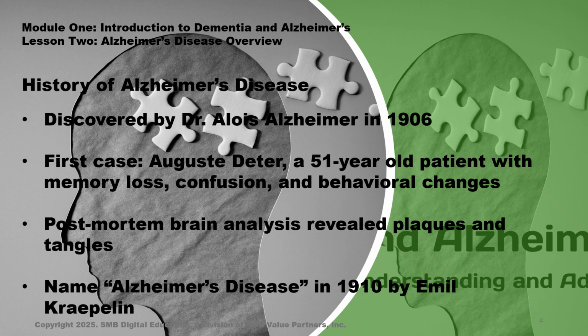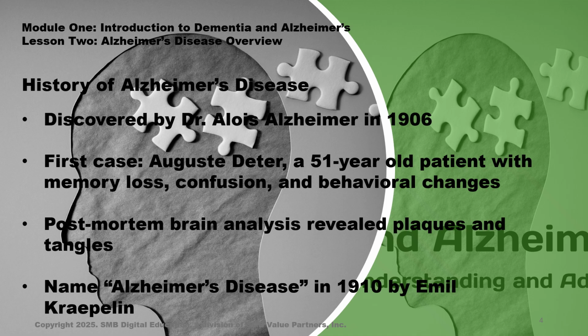After her death, Dr. Alzheimer examined her brain and found abnormal protein deposits, amyloid plaques, and neurofibrillary tangles, which are now hallmark features of the disease. In 1910, his colleague Emil Kraepelin named the condition Alzheimer's disease. This discovery laid the groundwork for modern research, and today these plaques and tangles remain central to understanding Alzheimer's pathology.